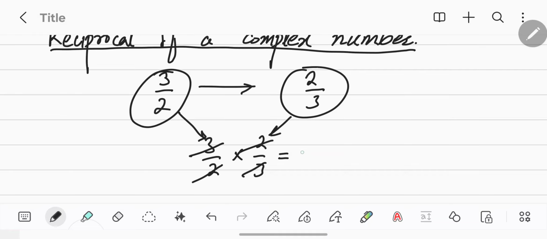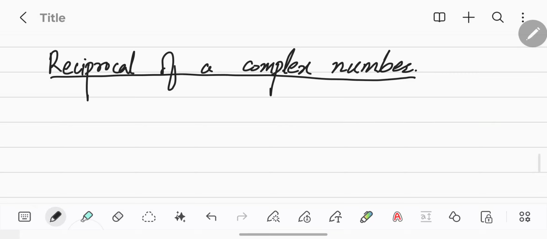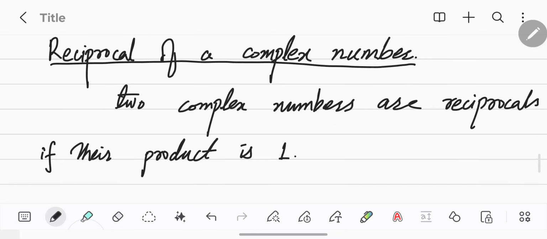It is always true that when you multiply a number with its reciprocal, you will get 1. This is how we define the reciprocal of a complex number. Two complex numbers are called reciprocals if their product is equal to 1.